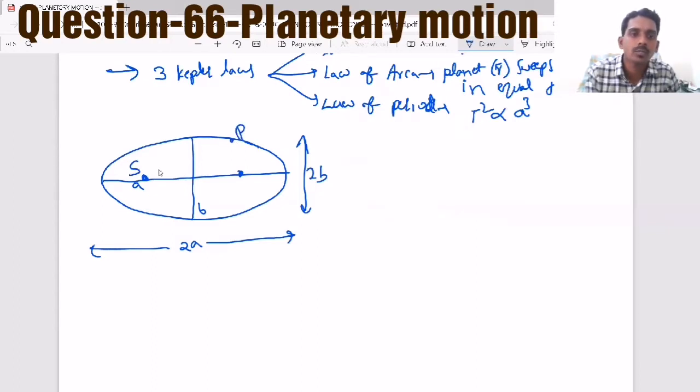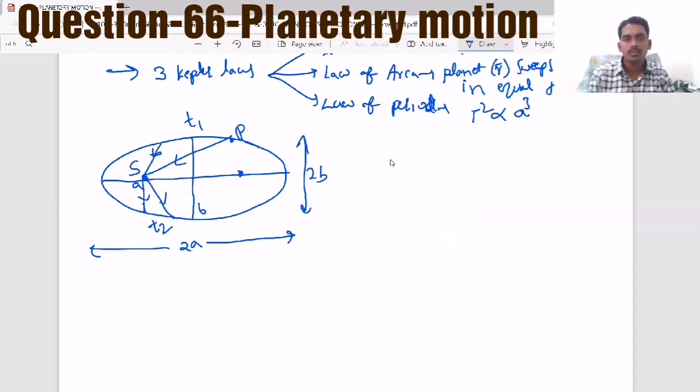Now if you consider this is the planet, it moved from here to here in a time t1 and it moved from here to here in a time t2.